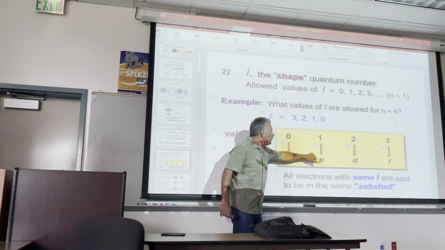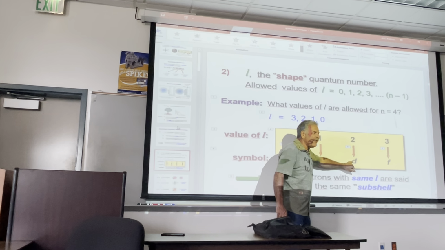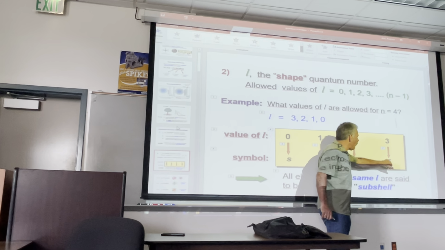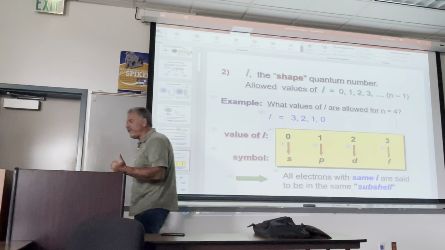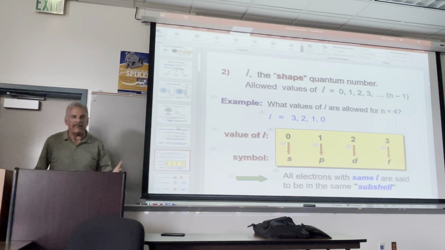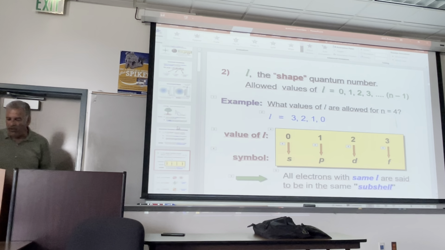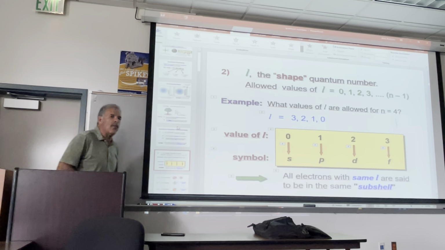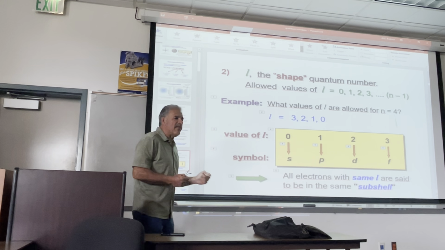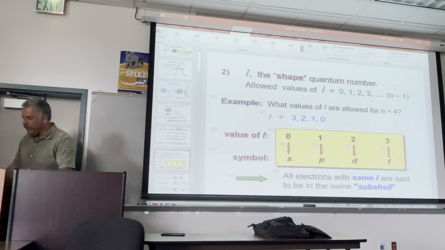At 4, 1, we're talking about the p orbital. At 4, 2, the d orbital. And at 4, 3, the f orbital. So those are the shapes: s, p, d, f. All electrons with the same l are said to be in the same subshell, which means they have the same energy.